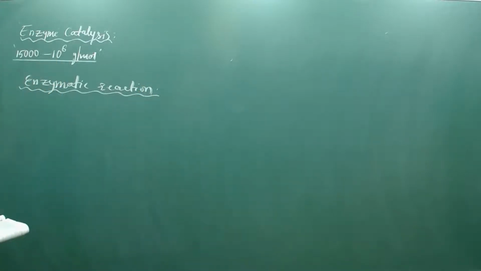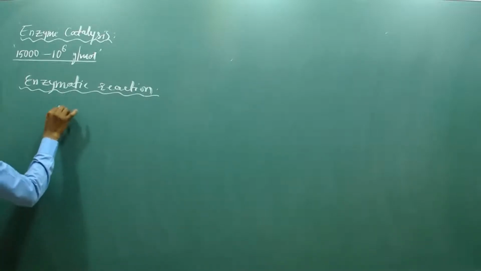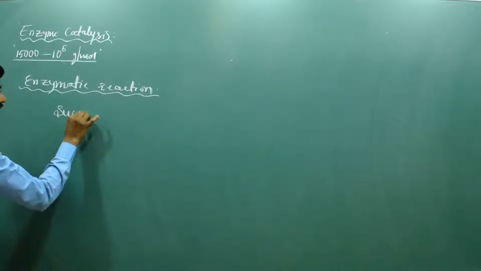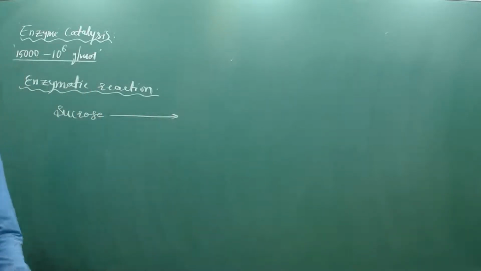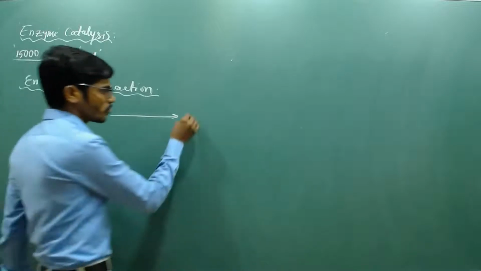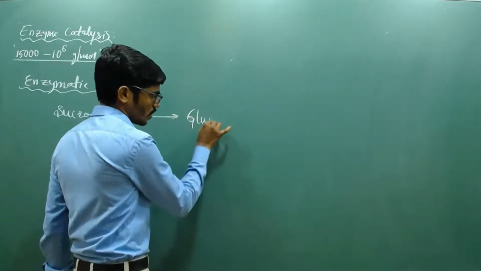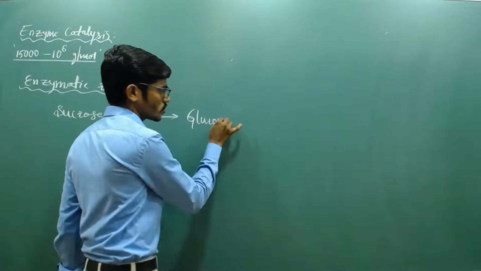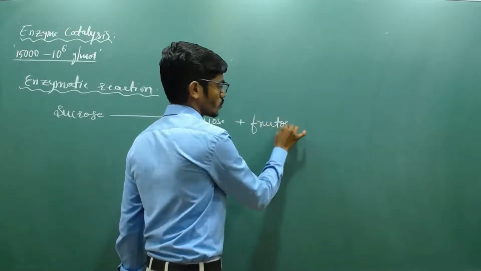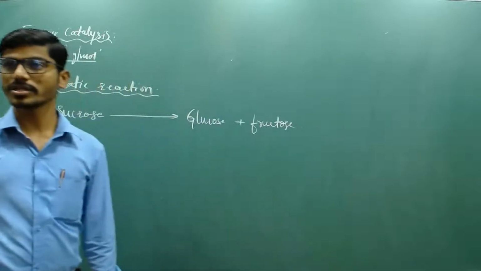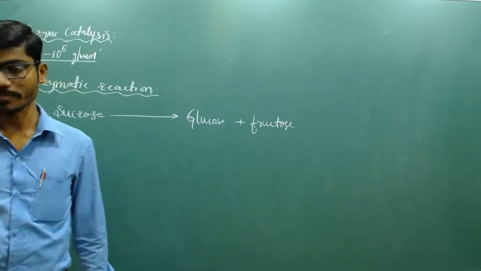The first one is sucrose, which can be converted into glucose plus fructose. This reaction is catalyzed by an enzyme, invertase. Invertase can catalyze the conversion of sucrose into glucose plus fructose.